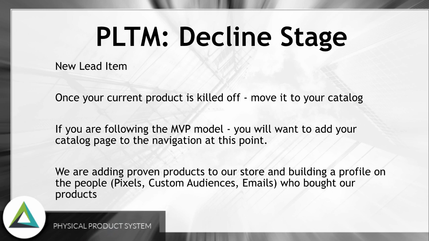Look back in the how to set up your store video and you'll see where the navigation is there. You're just adding the catalog page at that point, and then your catalog is going to have your current lead item and your prior lead item. So your new current item or your prior item will now be in your catalog, and that will give people options.